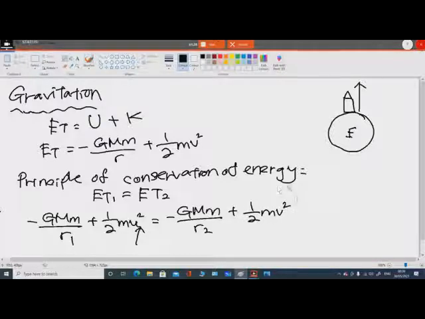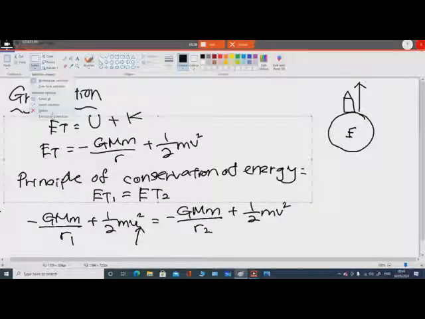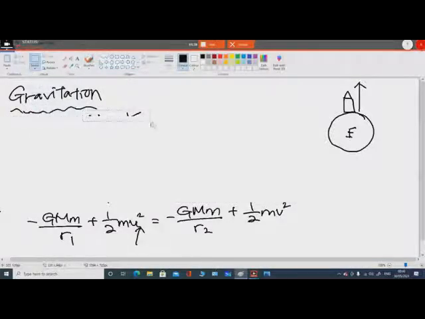What we focus on is the initial velocity, which is the escape velocity before leaving the earth.